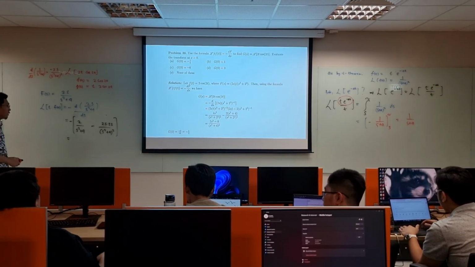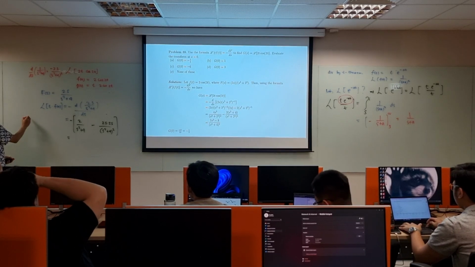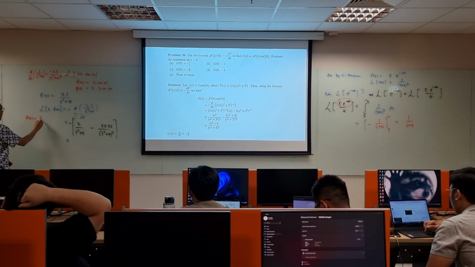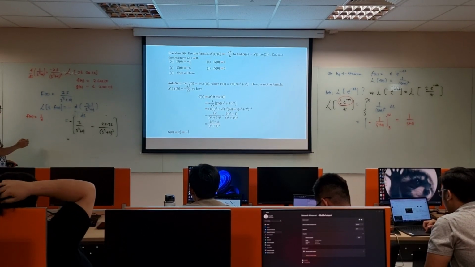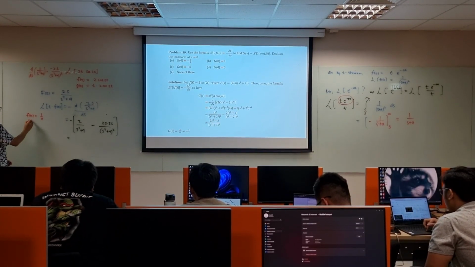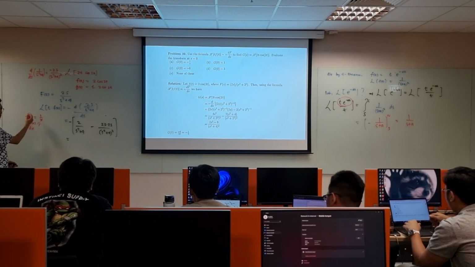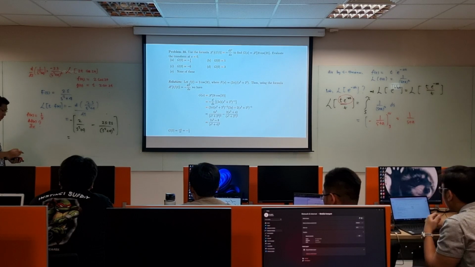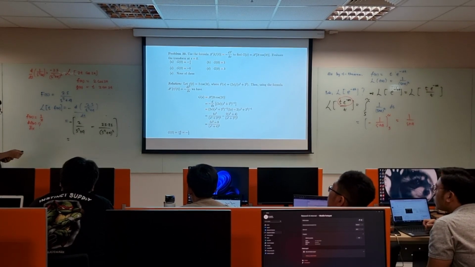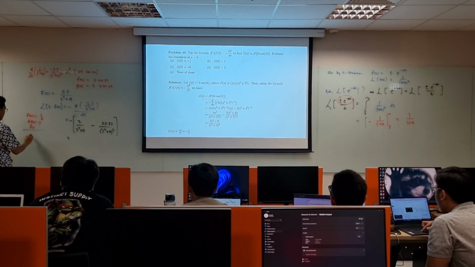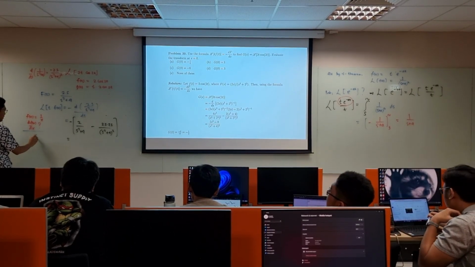Just like when you have, let's say, f of x equal to 1 over x. Now what is df(x) over dx? How do you solve this? You have x to the power of -1.